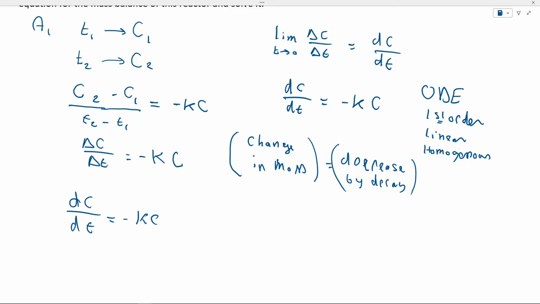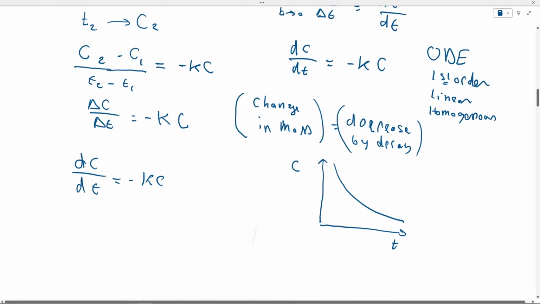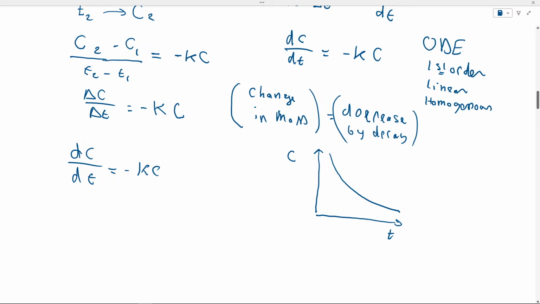I don't want the rate of change. I want to find concentration and time. I want to see how concentration is changing with time, not something that looks like this. I need to get something like this. How can I get something like this? To get something like this, we need to solve this equation basically.